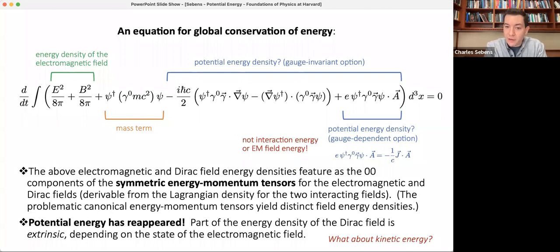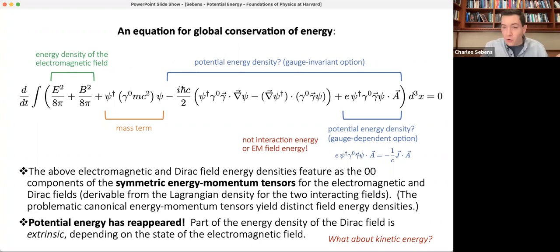So it looks like we have a potential energy density there, this e psi dagger gamma naught gamma psi dot A. That can be rewritten using our earlier expression for the current density of the Dirac field as minus 1/c j dot A. So we have this minus 1/c j dot A candidate potential energy for the Dirac field.